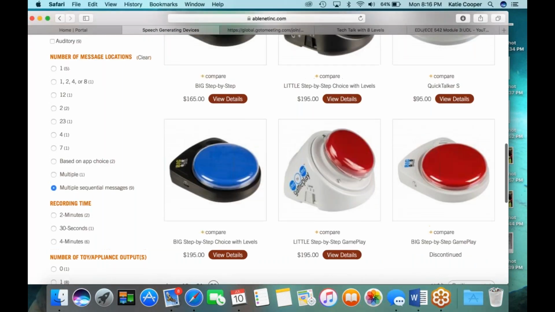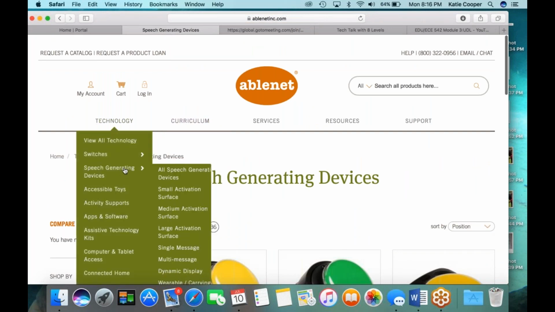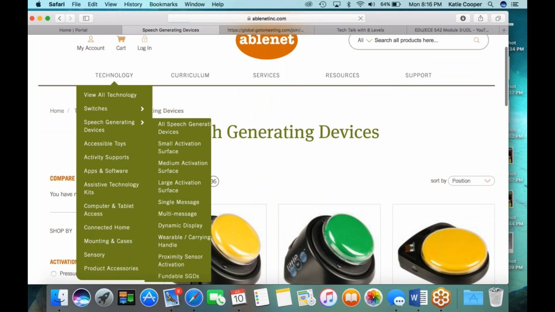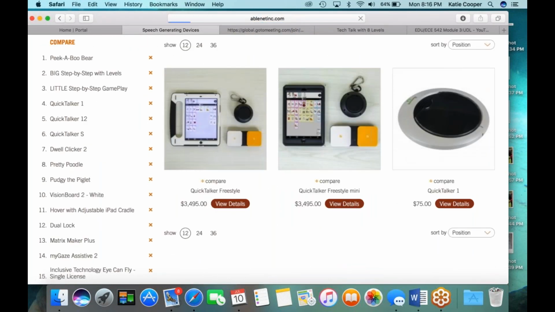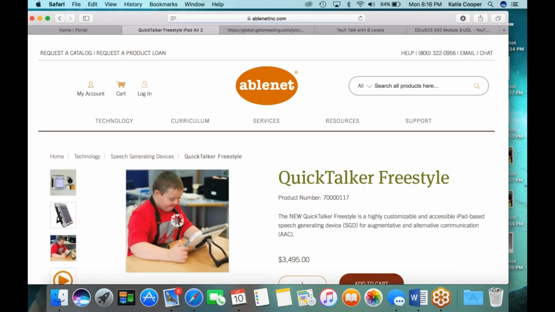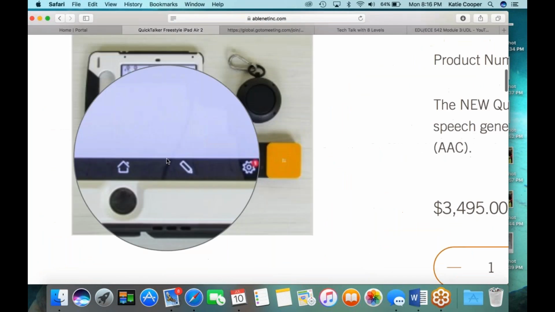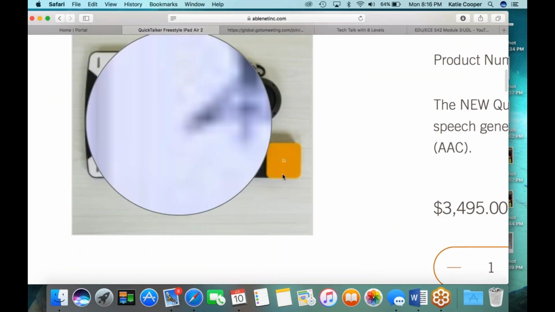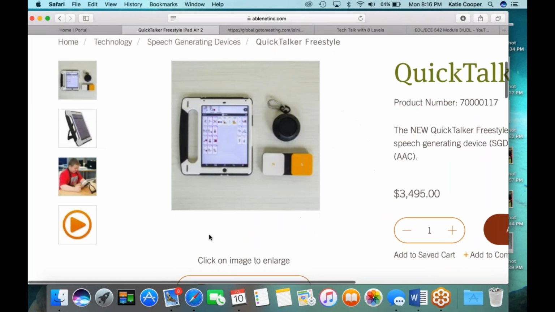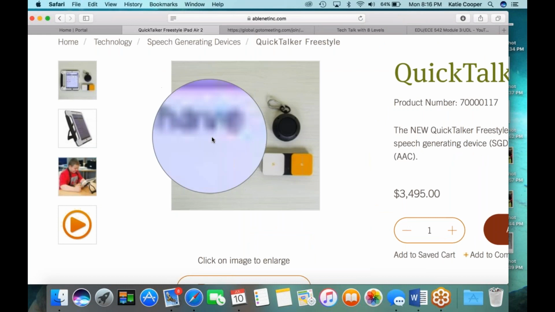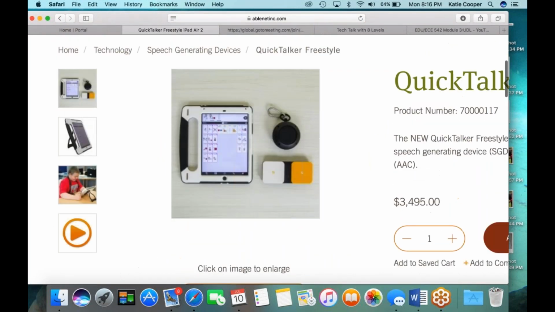To go back to some of the more dynamic display, you can kind of see this. It looks like, let me see if I can blow it up enough. You can kind of see that this is like an iPad or something along those lines. This is like the worst image ever.